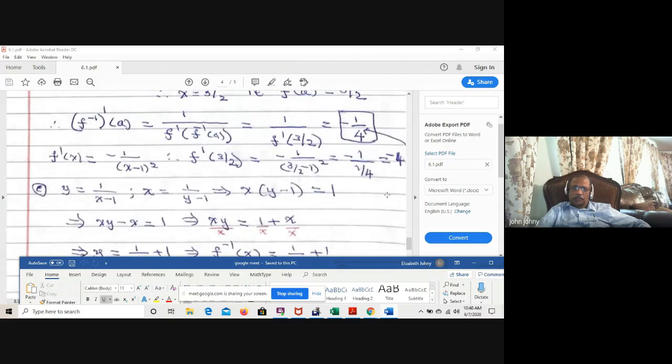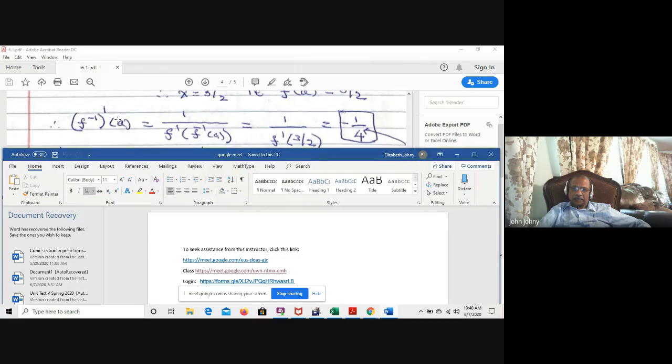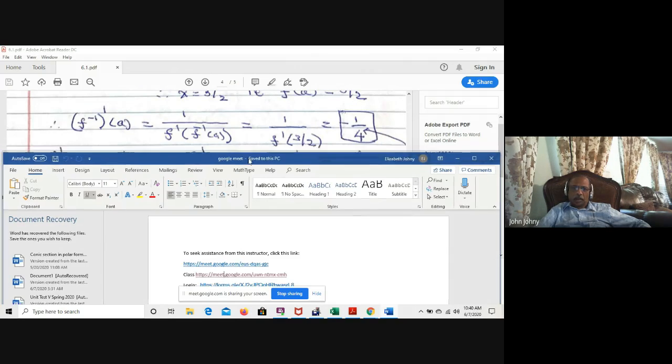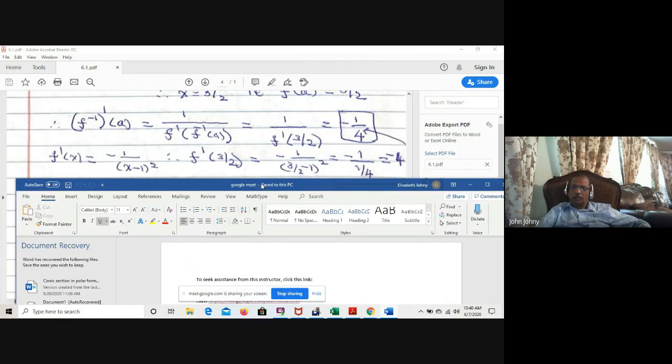Now you are asked to find the derivative of f inverse at x equal to a. This is the theorem that we have already discussed. And so you have to figure out f prime of f inverse of a, that is f prime of 3 over 2. You start with f prime of x. f(x) is 1 over x minus 1.